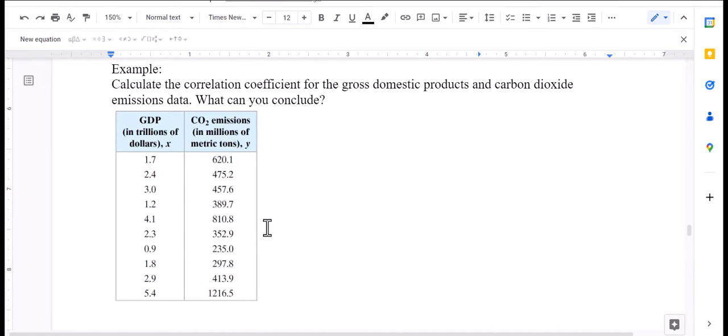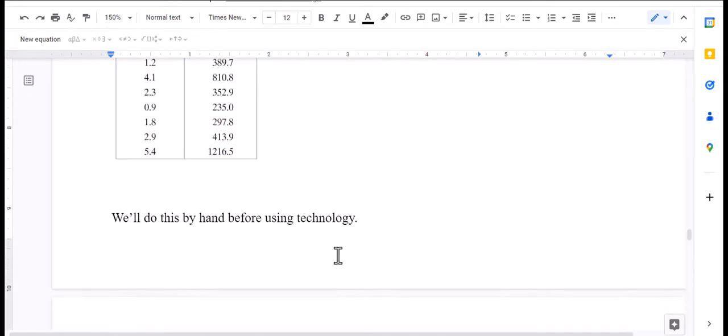That's where this came from. How does the economic development of a country impact their carbon footprint on the environment? So this is essentially asking, does the GDP, your economic growth, impact the environment? And so we want to see that association.